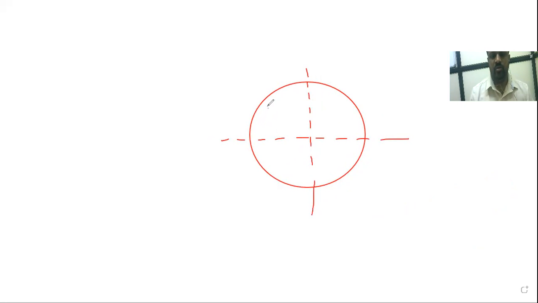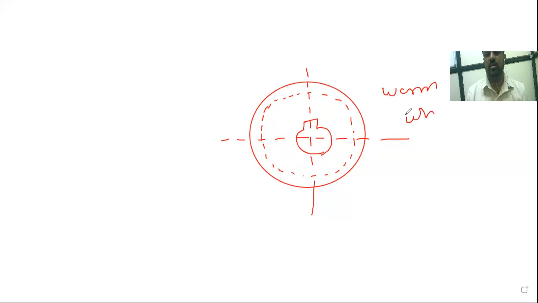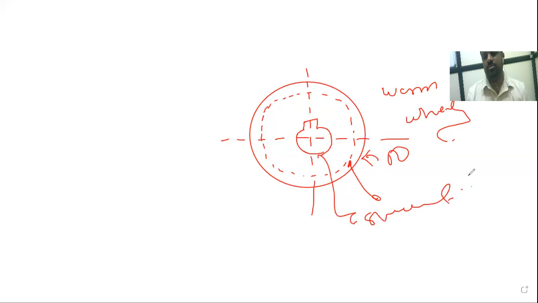Then we have to draw this circle, and then draw the location for the shaft. This is the conventional representation for the worm wheel. This is the topmost portion, this is the pitch circle, and this is the portion for the location of the shaft.